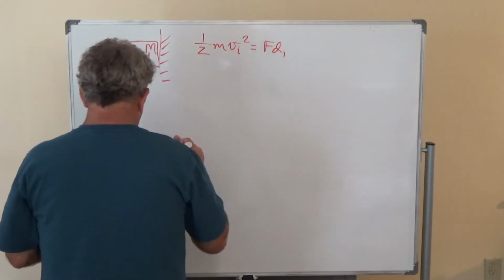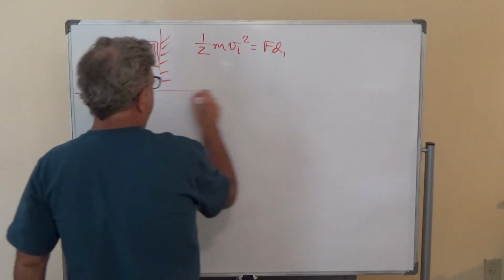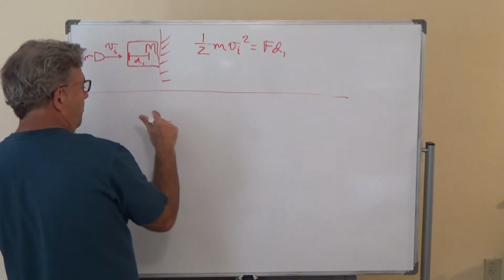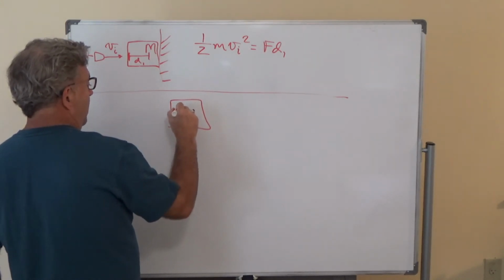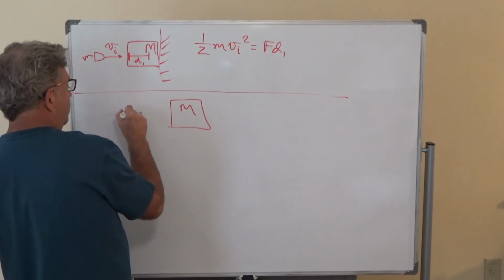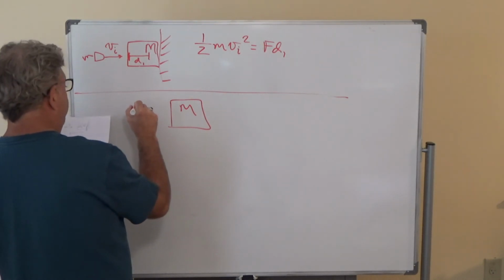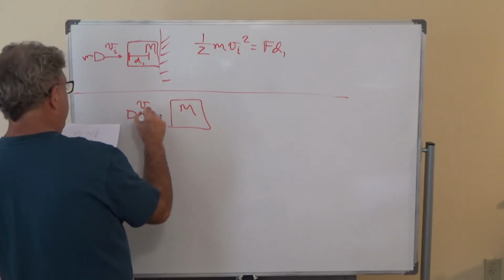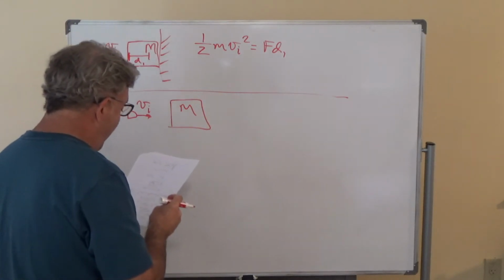Now, in the second case, so that's the first bit of information. In the second part, here's big M. Here comes the projectile at some V initial, same initial velocity. Okay? Same mass, little m.